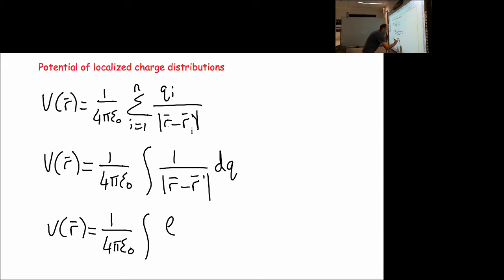So here we have rho of r prime all over the magnitude of r minus r prime, and here it's differential with regards to the volume, so it's d tau prime. Remember we're using the prime here to signify we're integrating with respect to the source.